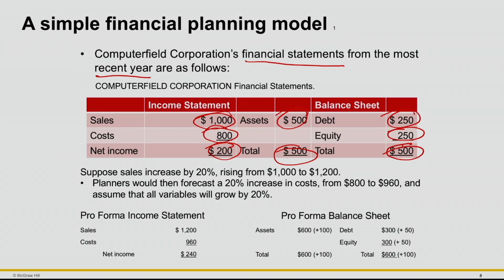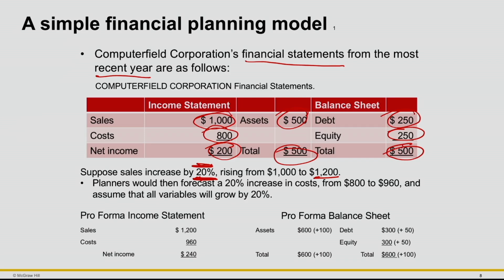Now, the sales forecast is that we're going to be able to increase our sales by 20%. So that will take us from $1 million up to $1.2 million in sales. We're also assuming that costs are going to go up directly with sales.